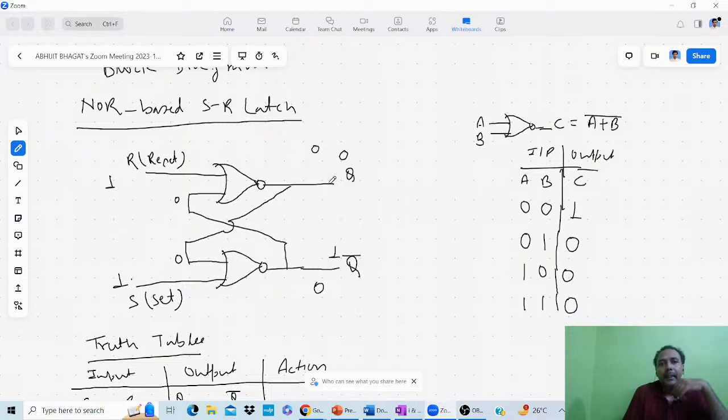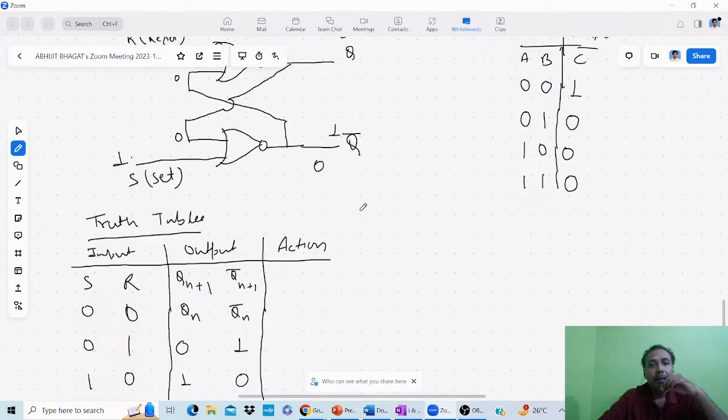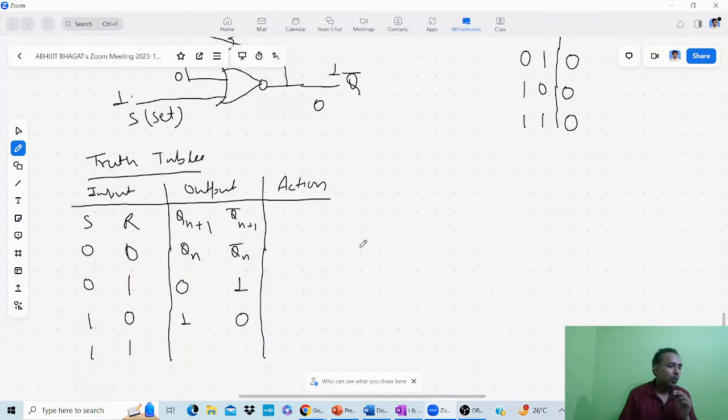So you can see in this case when you supply the 1 1 to the input side, across the output you will get Q is 0 and Q bar is 0. So it is not possible because Q and Q bar are complement to each other. So this is the forbidden condition. When you supply the 1 1 to both S and R, you will get the forbidden condition.